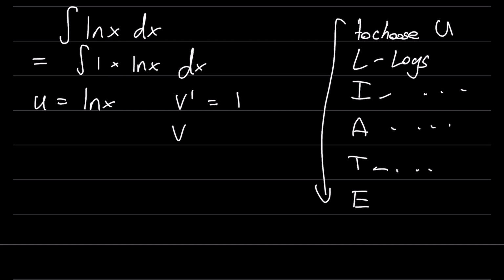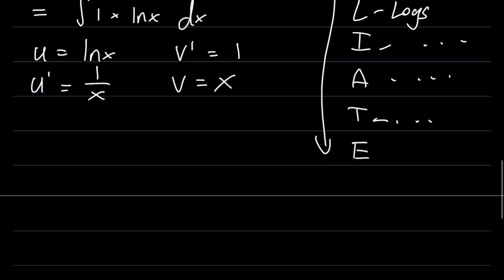Now if you take the integral of v prime, that's the same thing as the integral of 1, and that is just x. Now if you take u prime, what is the differential of ln x? If you have just moved from unit 1 to unit 2 pure math, you probably don't know what the differential of ln x is, but it is just 1 over x.